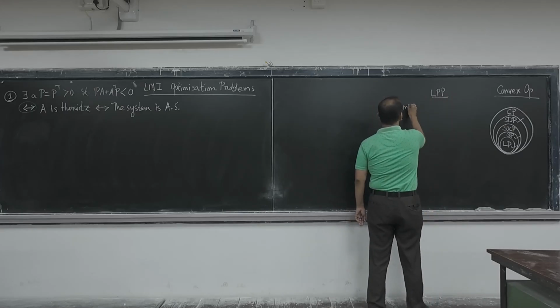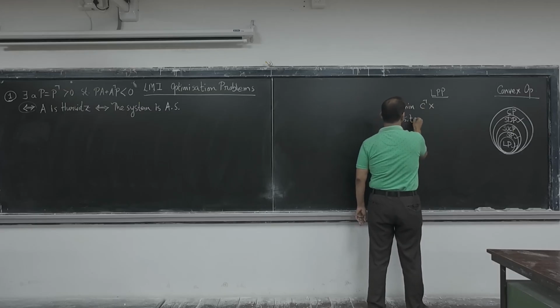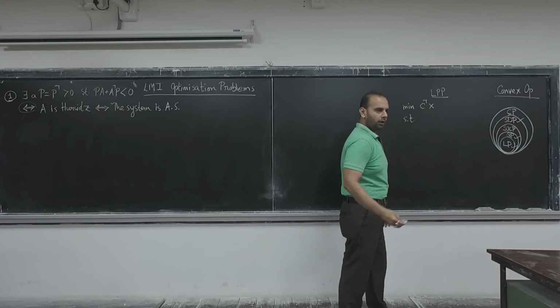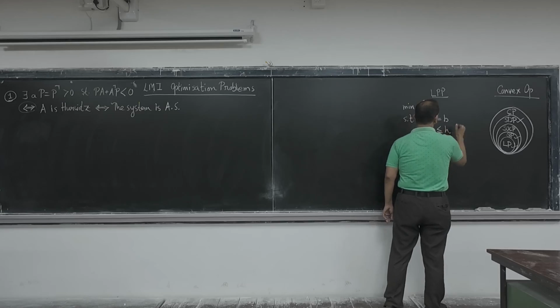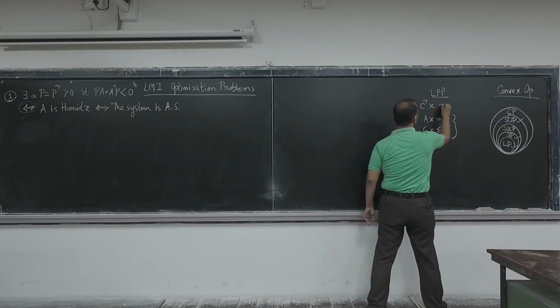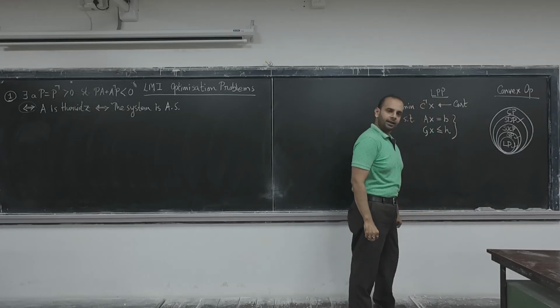It is simply, suppose, minimize C transpose x subjected to, first of all, Ax equals to b, and then Gx less than or equal to h. So this is the cost function and these are the constraints.